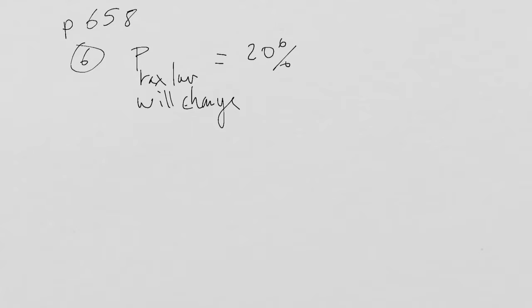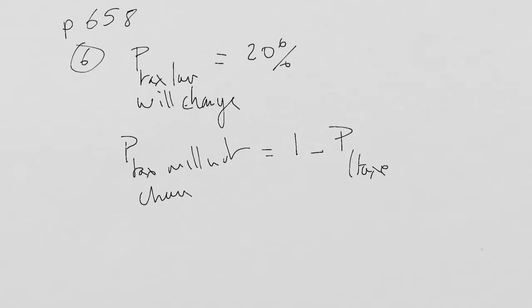That implies the probability that the tax law will not change is equal to 1 minus the probability that the tax law will change, and that gives us 80%.